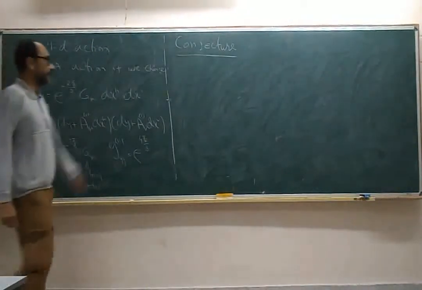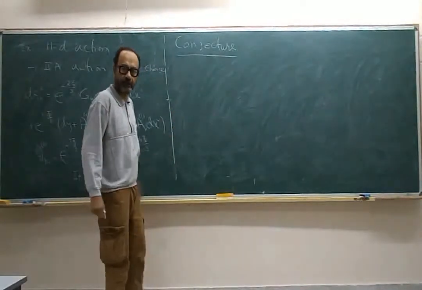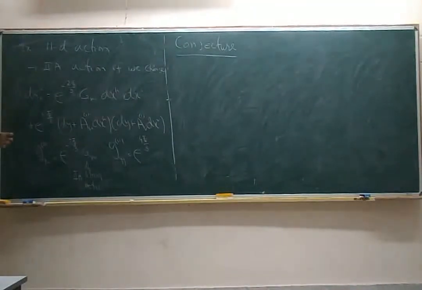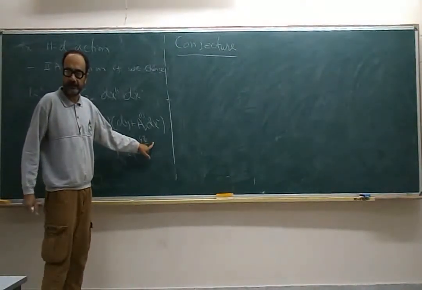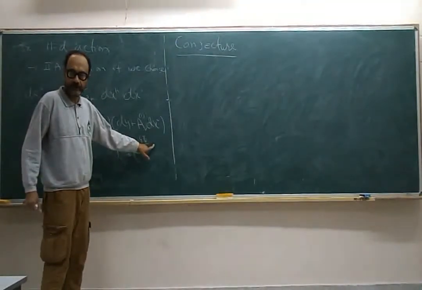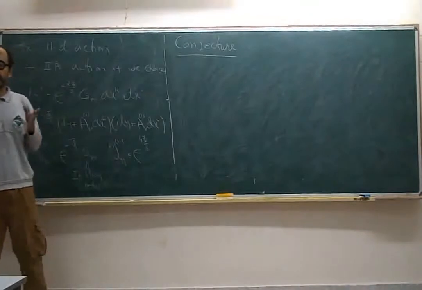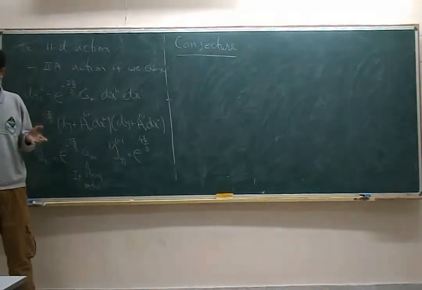Okay, so the conjecture, which doesn't necessarily follow from this but is consistent with this, is that if we take type 2A supergravity and take the limit that phi goes to infinity, then it effectively behaves like an 11-dimensional theory with 11-dimensional Lorentz invariance.